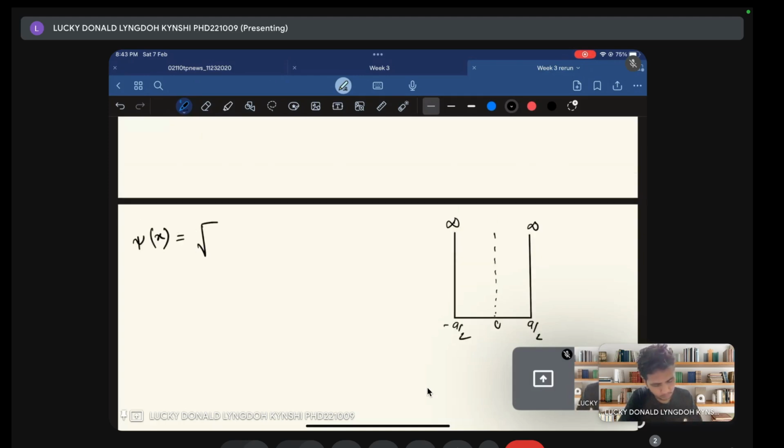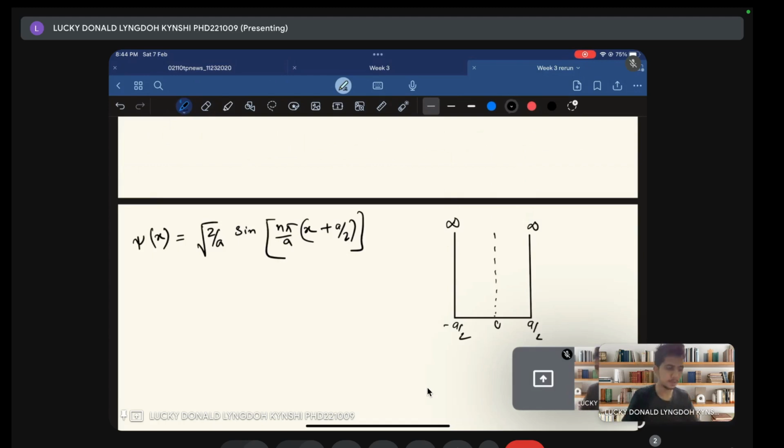It will be given by root 2 by a sine of n pi by a times x plus a by 2, where a by 2 is the additional term.